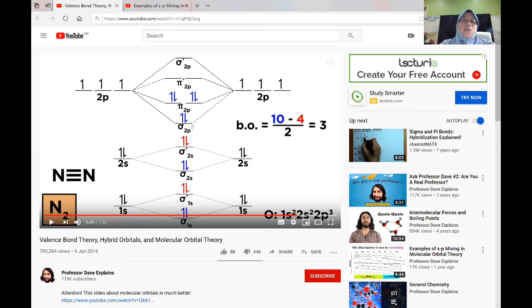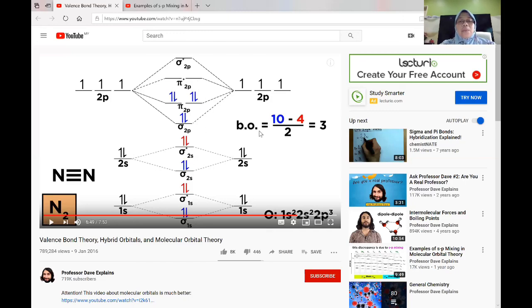According to the principle, first you fill up the bonding orbital, which is sigma 2p, and then you fill up the degenerate orbital pi 2p, single electron first and then pair it up. And now it looks like we don't have any more electrons, so this is only up to here.